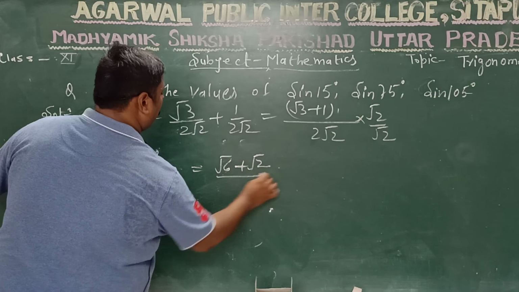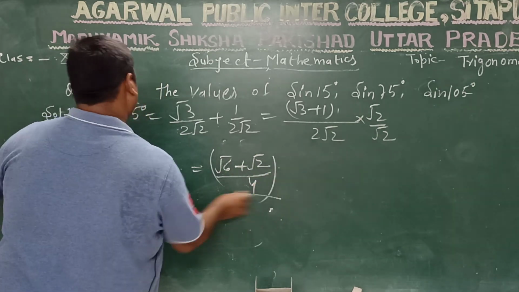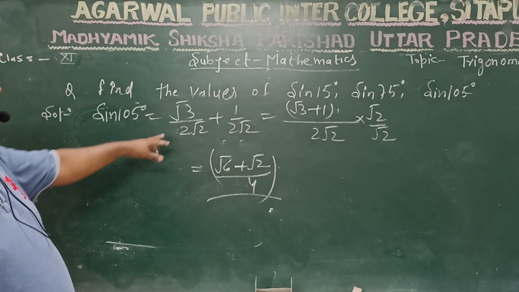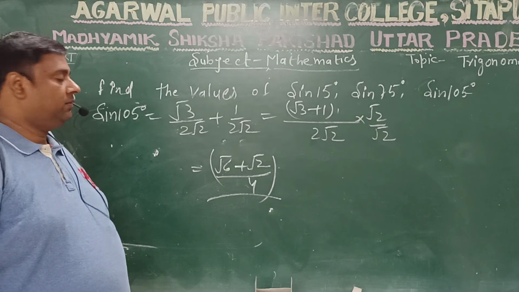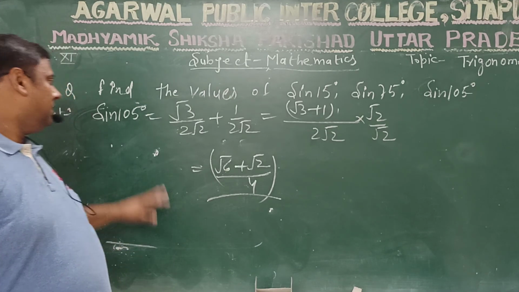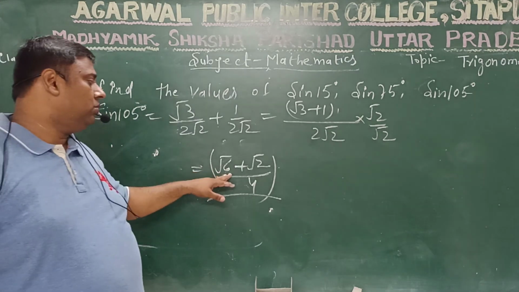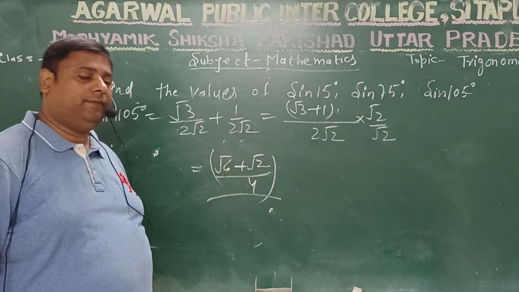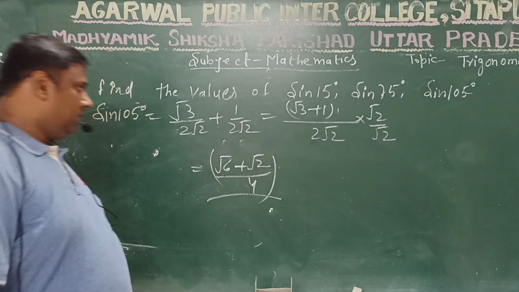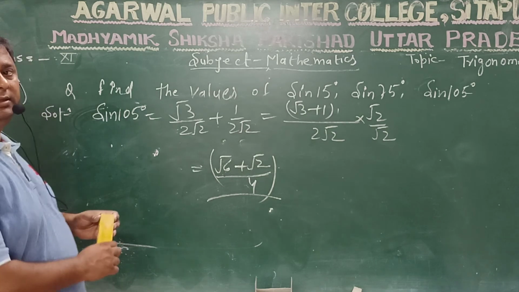Root 6 plus root 2 by 4. So finally the answer is sin 105 is root 6 plus root 2 by 4. Okay, my dear students, I think you will enjoy it.